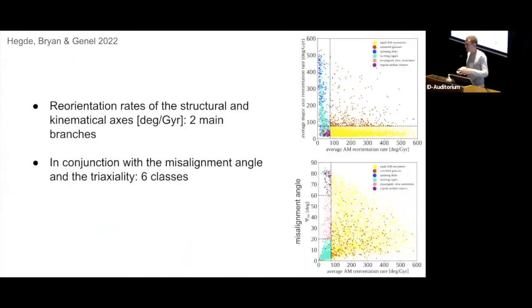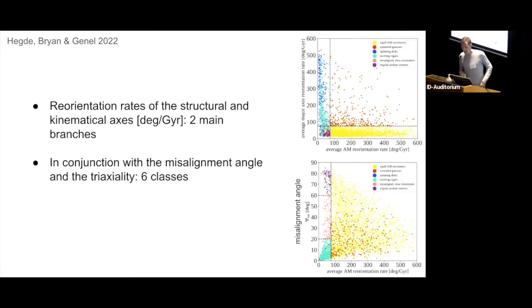We tried to understand the origin of this phenomenon. We started by asking how stable are these kinematic axes, and we found something we didn't quite expect, that they're not so stable in the majority of these galaxies. We defined the reorientation rate of these two axes, the major axis, the morphological axis, and the angular momentum axis. The reorientation rate is simply the degrees per gigayear, how this vector is moving in 3D space.